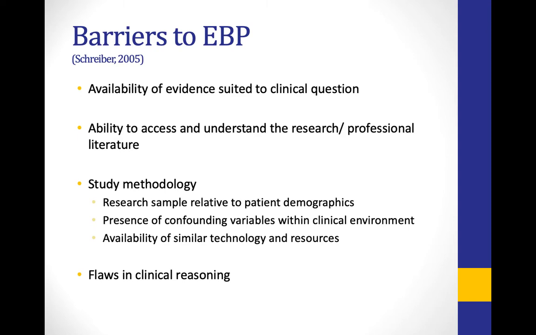Other challenges or barriers to EBP come from research design or methodology. Sometimes it can be hard to find studies where the sample demographics match the characteristics of your individual patient. This is especially true for well-controlled studies where stringent inclusion and exclusion criteria lead to the selection of research participants who do not have many of the typical clinical presentations that often involve multiple comorbidities.